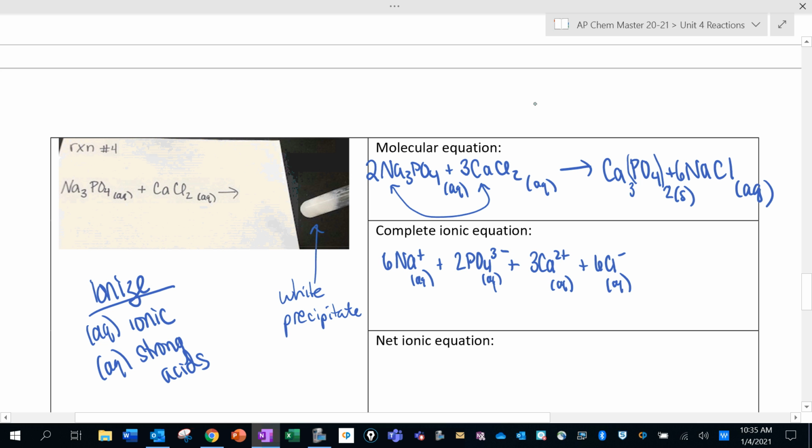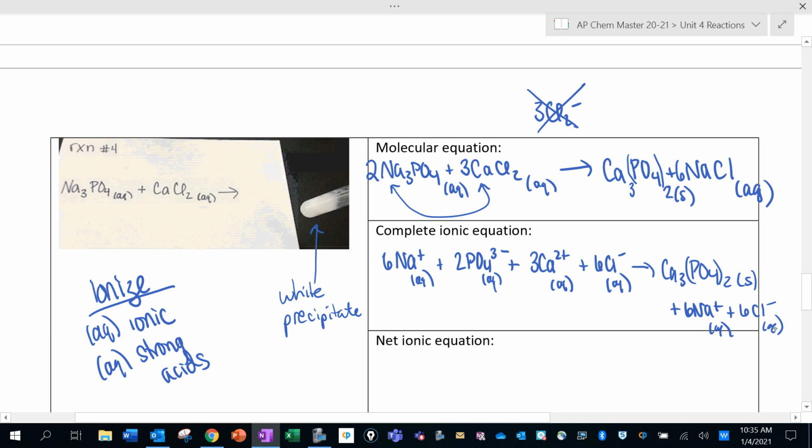This is important. It's not 3 Cl2 minus ions. That's not what happens. They separate out into 6 separate chloride ions. Okay. And then the solid does not dissociate because it's a solid. It's going to stay stuck together. But then I will have 6 sodium ions and 6 chloride ions over here.